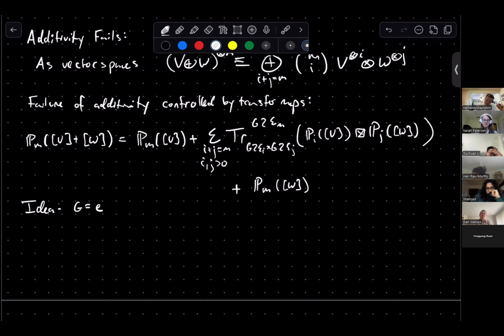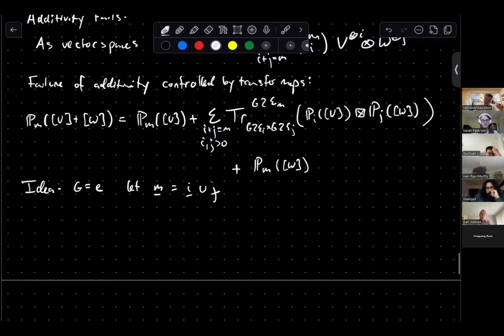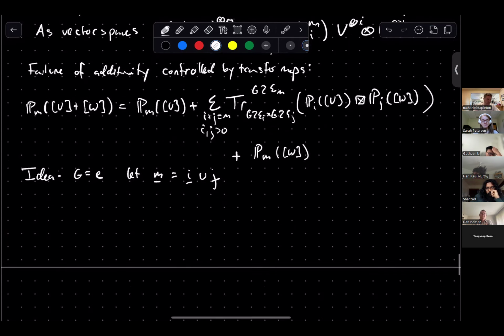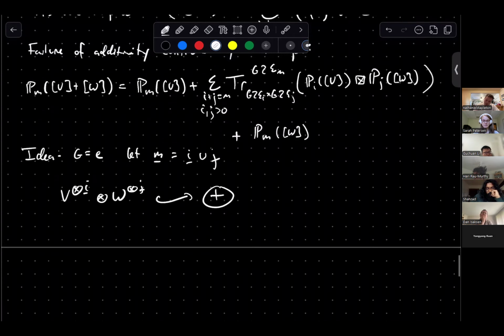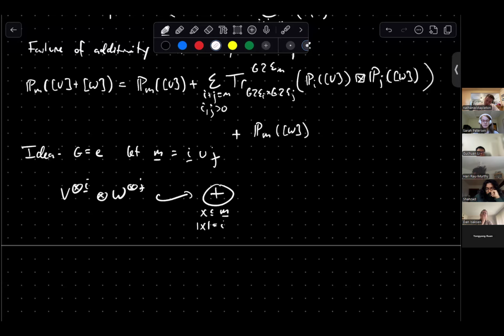So the point is that if I have a set of size n, which I'm just going to write n underline right now, and I've written it as the disjoint union of a set of size i with a set of size j, then what I can do is consider the inclusion of V^(tensor i) tensor W^(tensor j) into the direct sum over all subsets X of n of order i of V^(tensor X) tensor W^(tensor the complement of X).